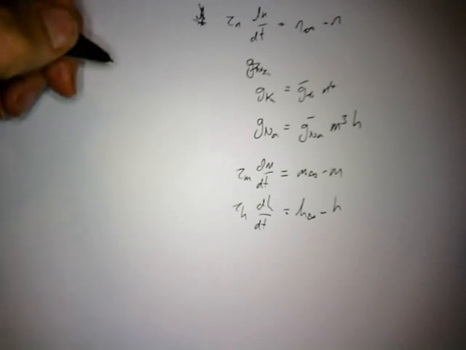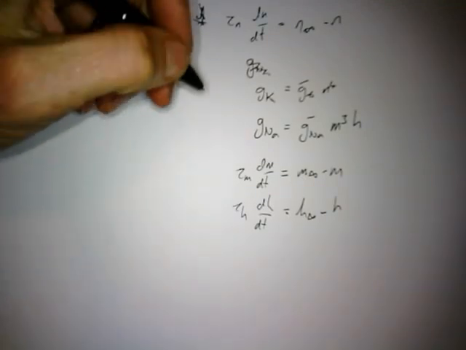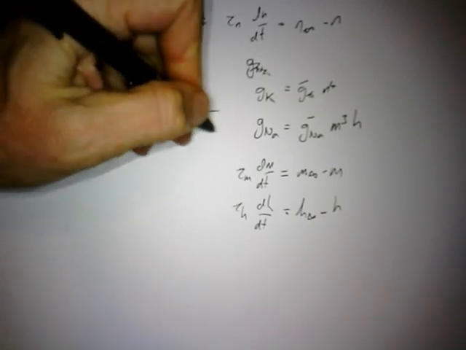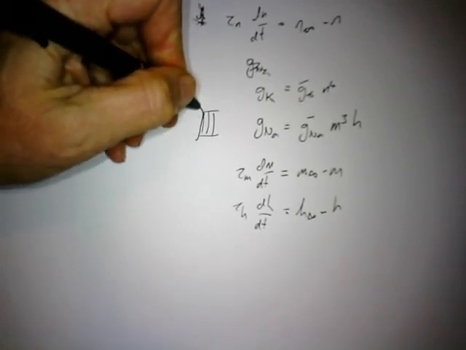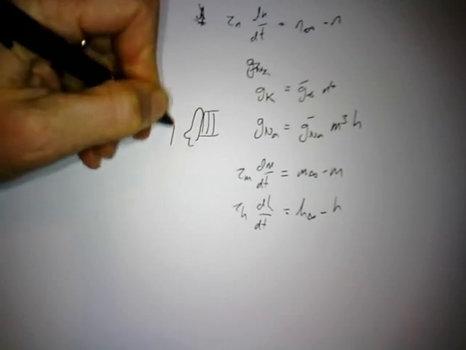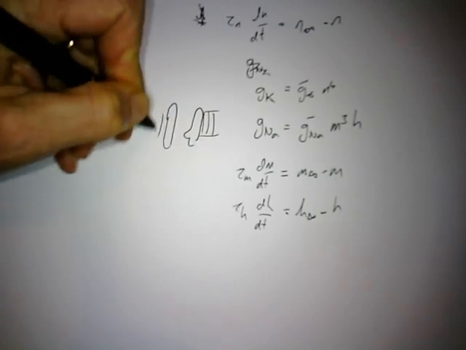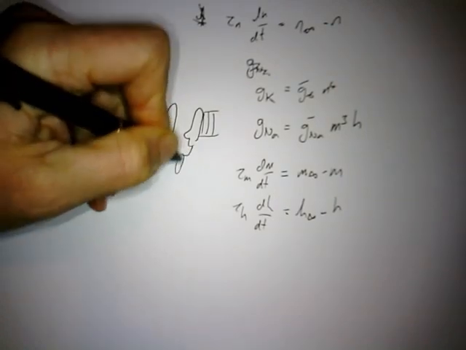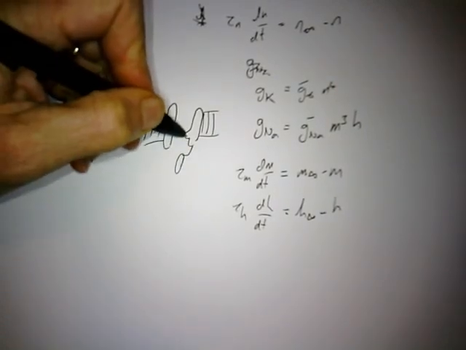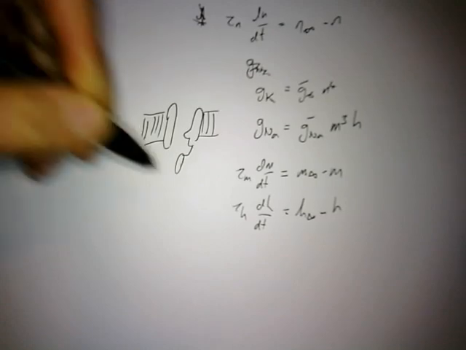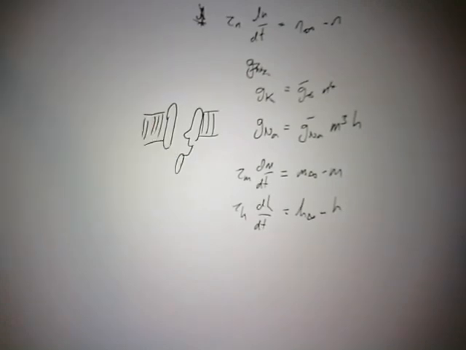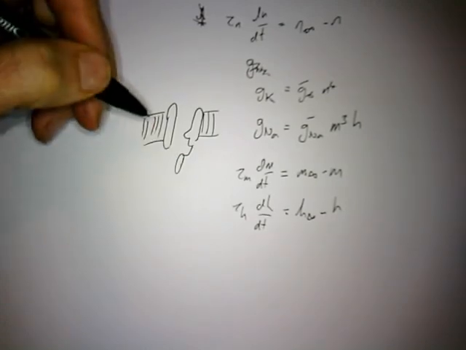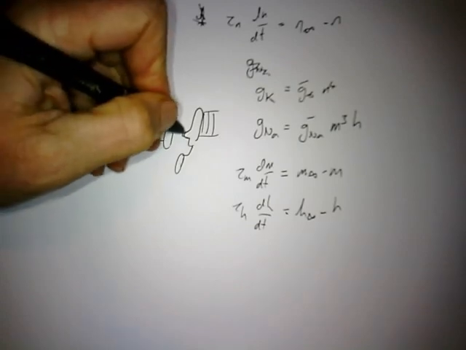Let me first say in words the plot. The idea is that we have the gate here. This is supposed to be a picture of the sodium gate. And it has these two blockers. This is the M blocker, the opening gate, and this is H, the other blocker. When the voltage is very low, it looks like this.